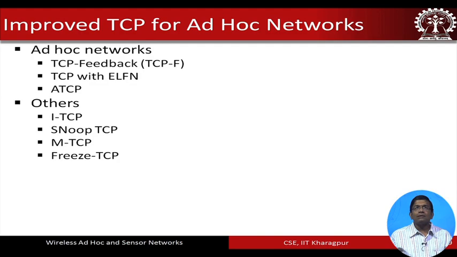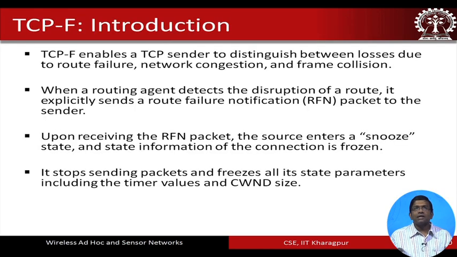So, we will go through some of these protocols. First we will start with TCP-F, and in the next lecture we are going to go through a few other transport layer protocols.